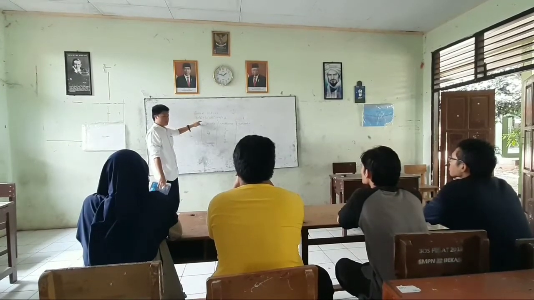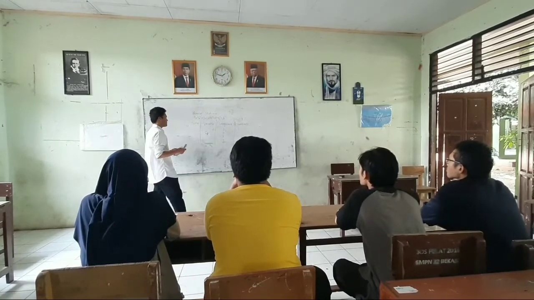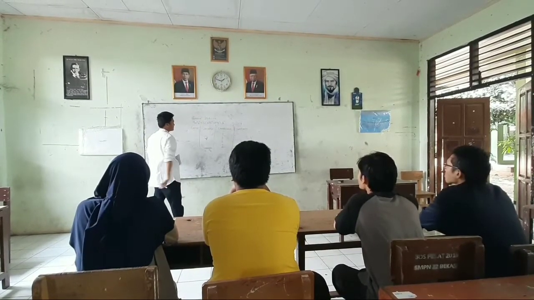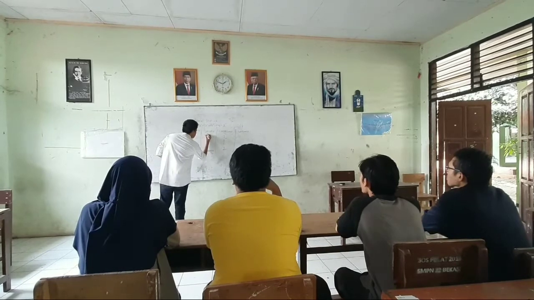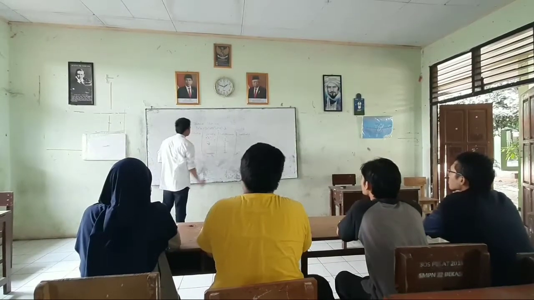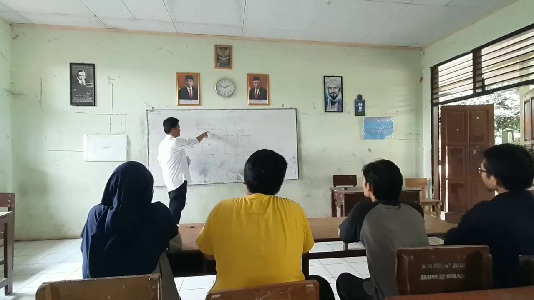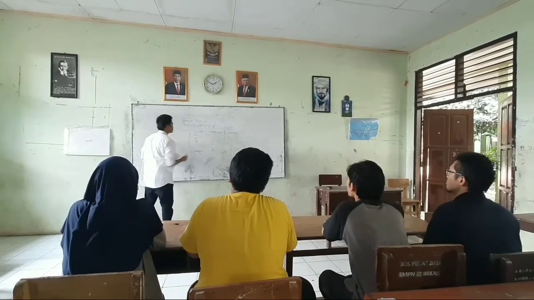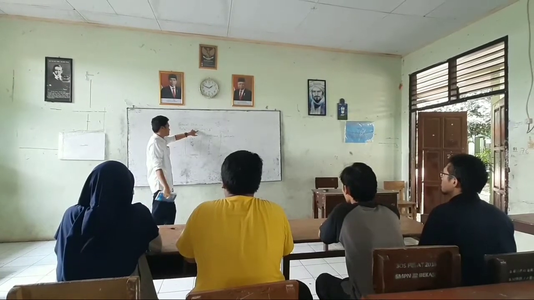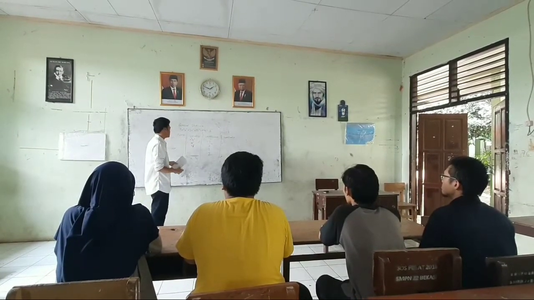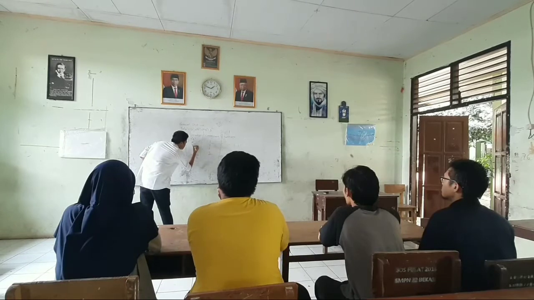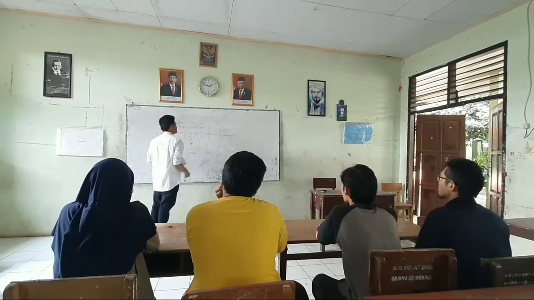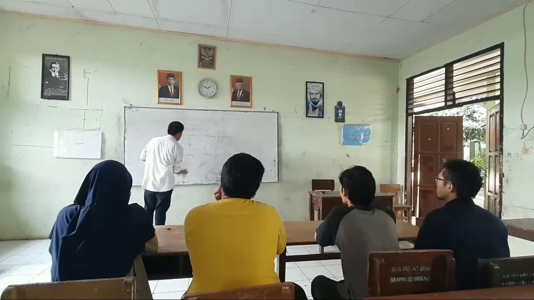In minus 3a cubed b squared, the variable is a cubed b squared. In 3a squared, the variable is a squared. In plus 5b to the power of 5, the variable is b to the power of 5. In minus 5ab squared, the variable is ab squared.